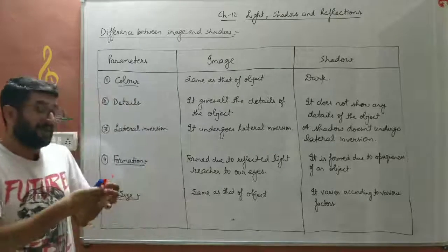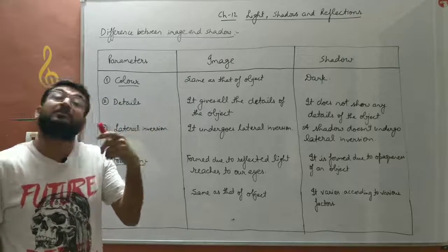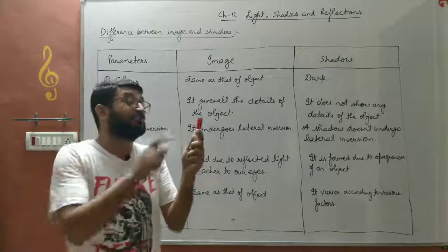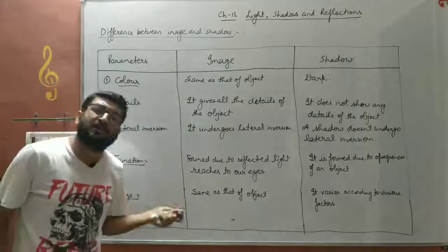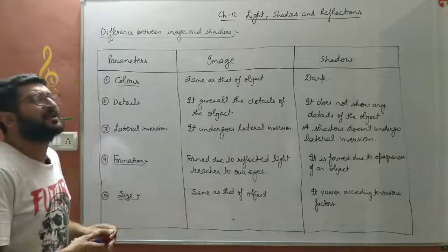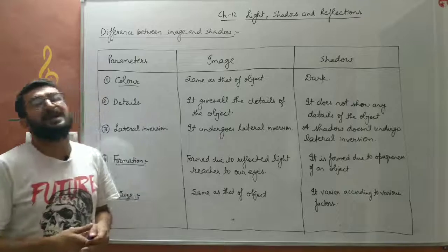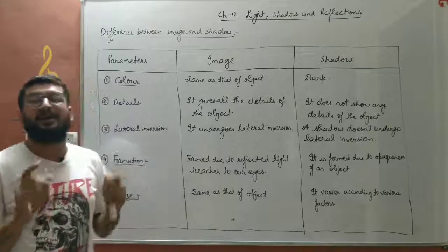If you place a red color object in front of a mirror, the image is formed of the same color, whereas the shadow of this marker forms black. In fact, the shadow of every colored object is always formed dark, black in color. So the color of the image is the same as that of the object, whereas the color of the shadow is always dark.